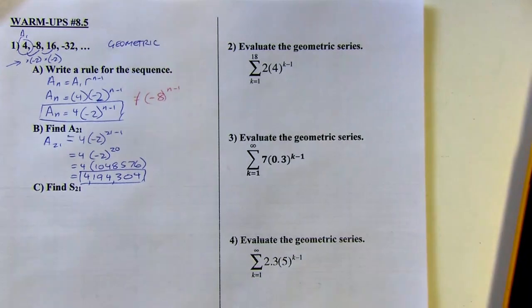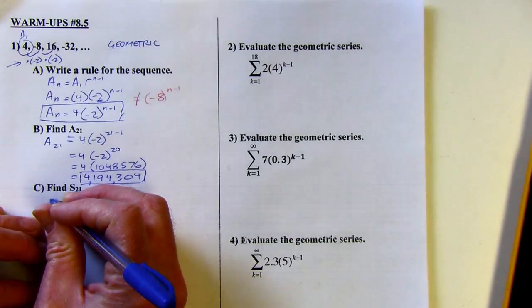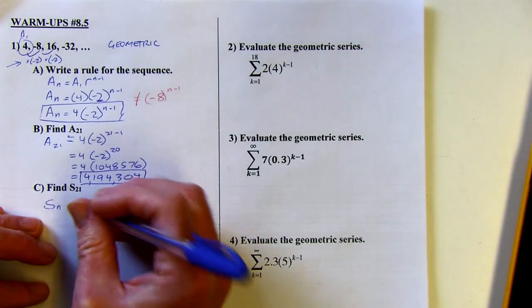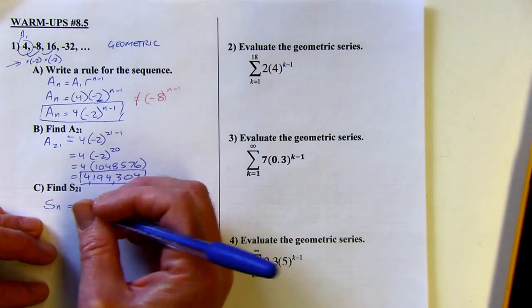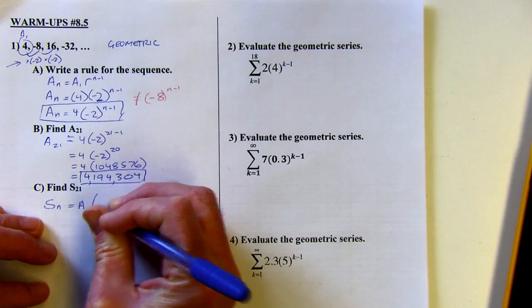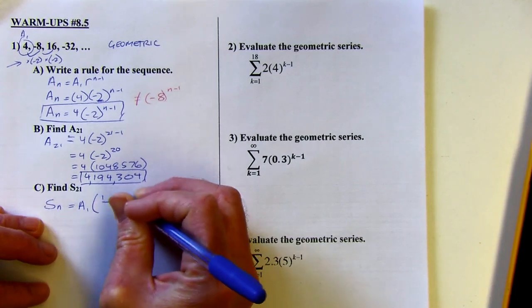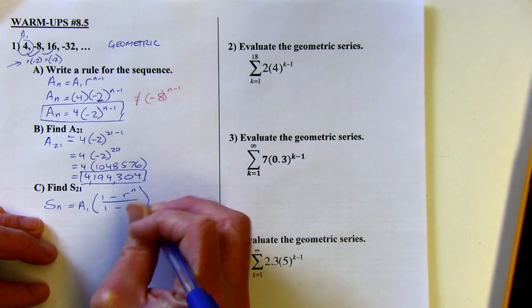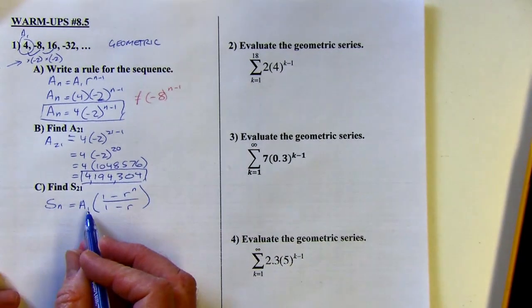Okay? All right, so now we want the sum formula for geometric sequences, or series actually, and that's going to look like this. It's going to be the first term, and then I've got a big fraction, 1 minus r to the n over 1 minus r. So this is going to be my first term, right?